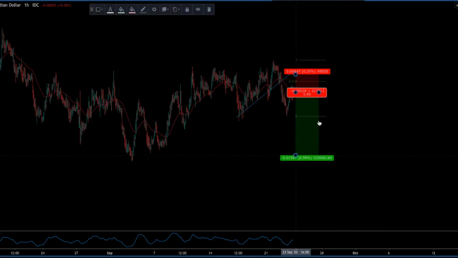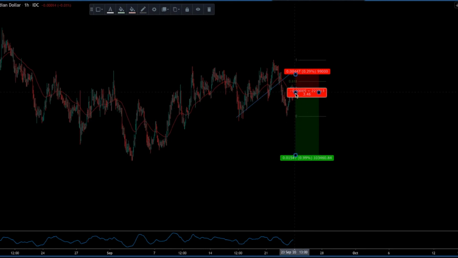So that's roughly 3.5%. And if you don't see this number right here, that's 3.46 times this amount, your stop amount. So if you correctly position your stop to 1%, this would be 3.46% currently.